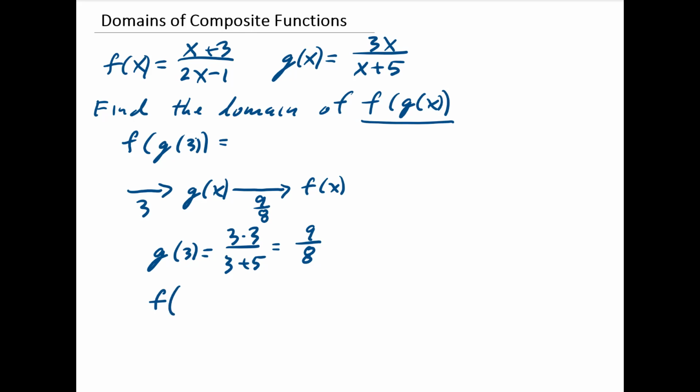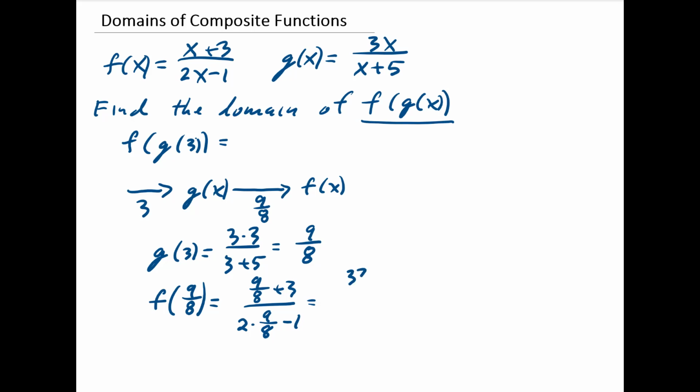And what is f(9/8)? Well, that's 9/8 plus 3 over 2 times 9/8 minus 1. And let's see, what is that?